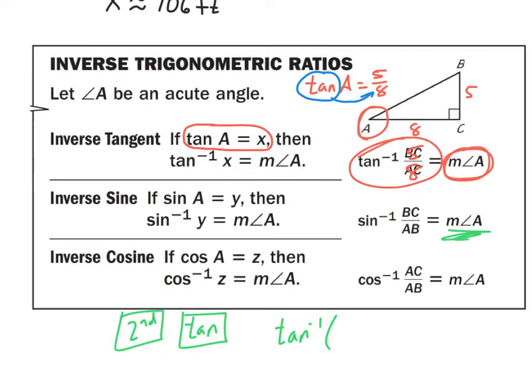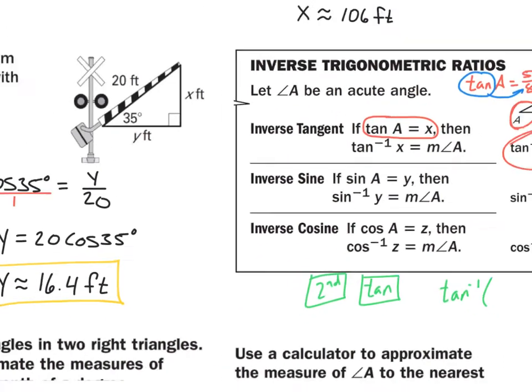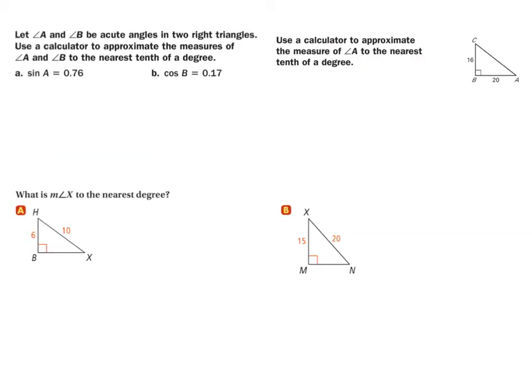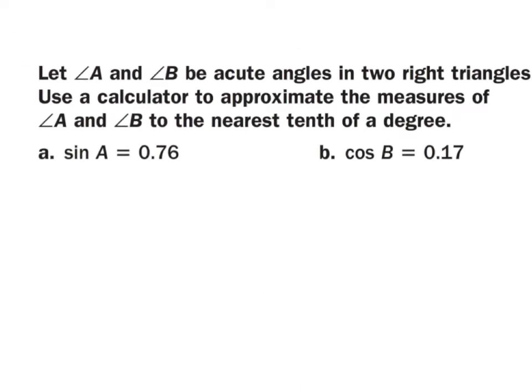So let's take a look at an example quick. In fact, before we get to the example, let's do some practice with our calculator. Right down here, they tell us that the sine of angle A equals 0.76. So we type the second key and then the sine key, and that will give us the inverse.